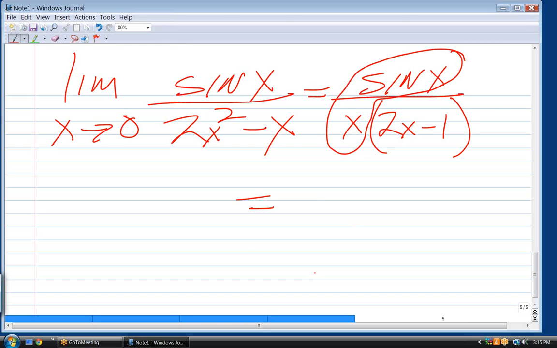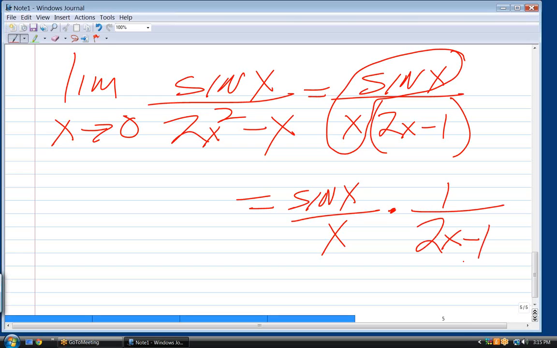Now, this thing, I know what that is, right? Okay, so let's separate it into two fractions. Is that a proper separation? Yes, it is. Okay, so this goes to 1.